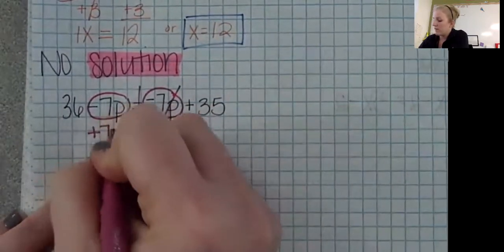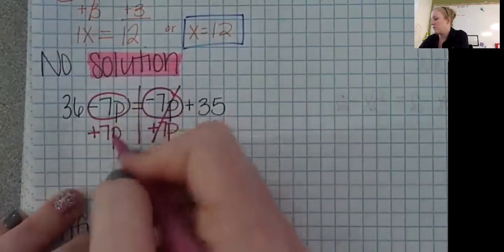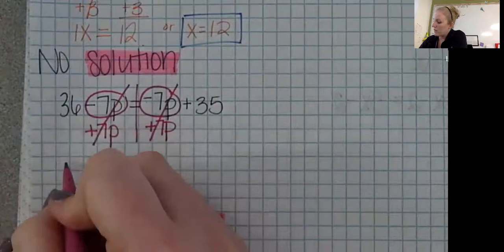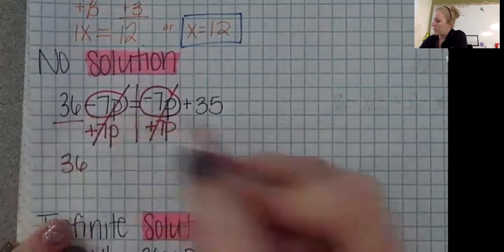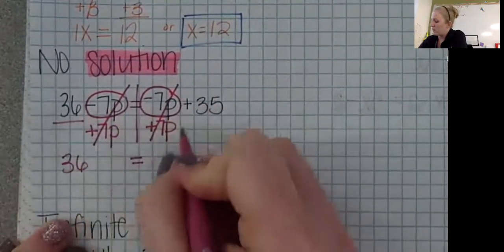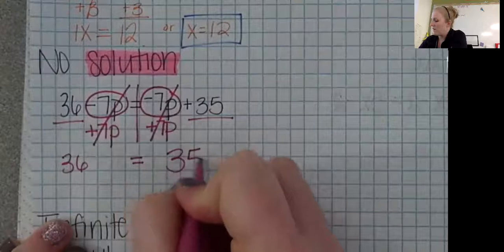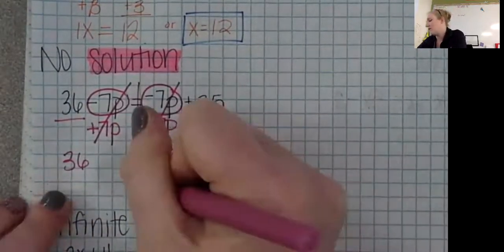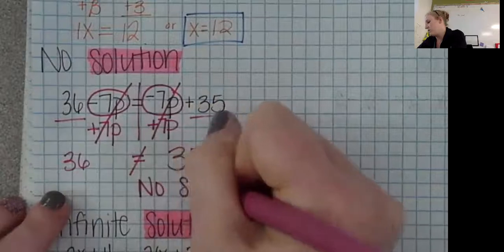I could also add 7 on this side; a negative 7 plus 7 also cancels. So I'm left with 36, bring down your equals, 35. Well, 36 does not equal 35, so it is no solution.